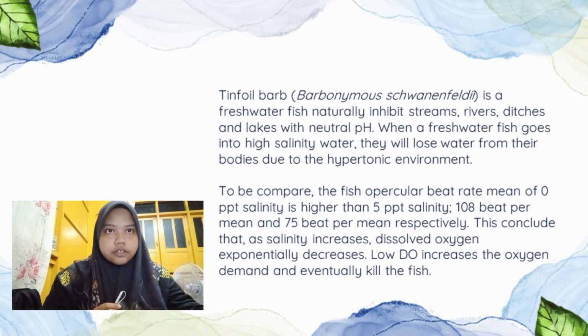According to Atlas Scientific, as salinity increases, the dissolved oxygen exponentially decreases. Low DO increases the oxygen demand and eventually kills the fish. This explains why fish in 0 ppt tanks have a faster opercular beat rate than in 5 ppt.